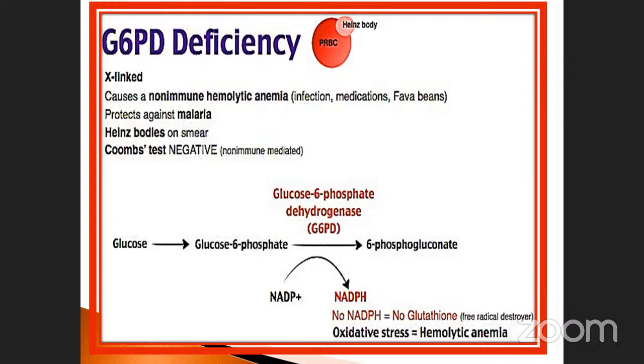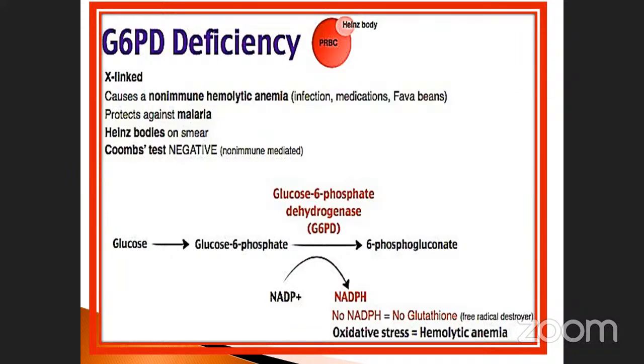See that glucose molecule is here. It converts into glucose 6 phosphate with the help of the enzyme hexokinase. Here the ATP is utilized. The glucose 6 phosphate is then converted into 6 phosphogluconate by the enzyme glucose 6 phosphate dehydrogenase. Where a dehydrogenase enzyme is involved, don't forget.